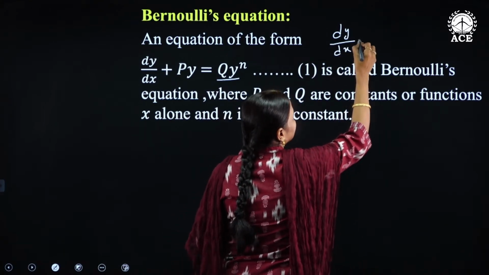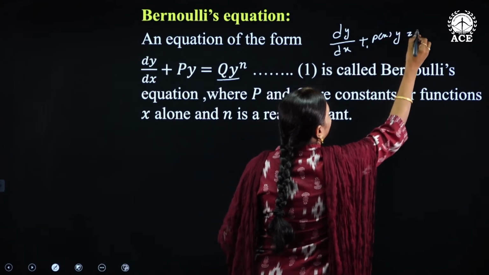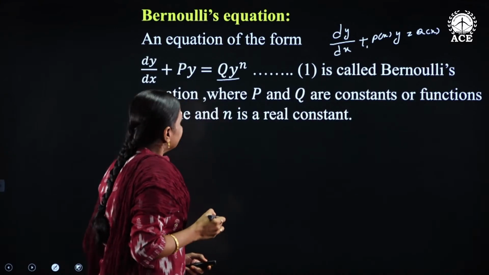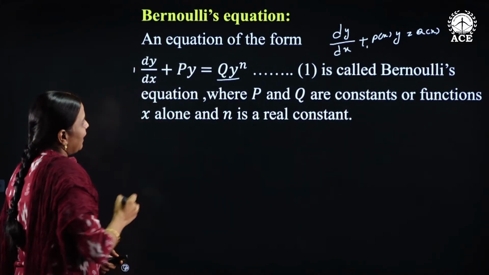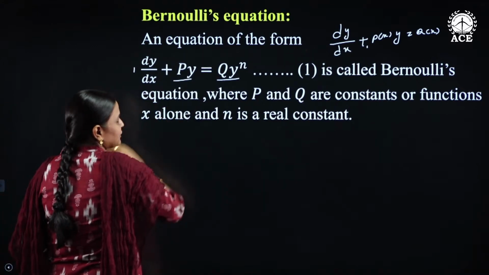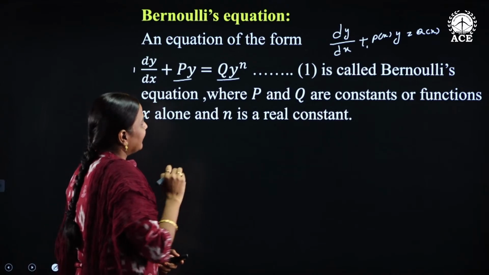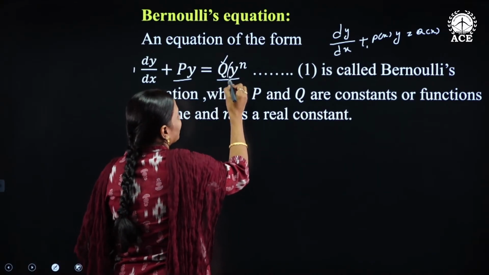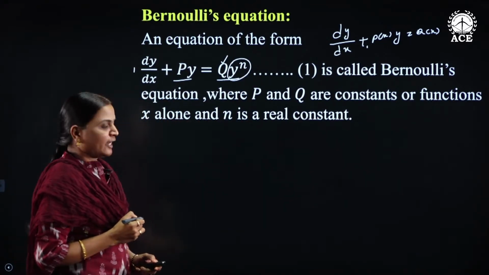Dy by dx plus p of x into y is equal to q of x. Again, if you observe clearly, the dy by dx coefficient is 1, there is no problem, and py is also no problem since y appears with power 1. But what is the RHS? Where q is a function of x only, but what is its coefficient? Power of y, that is y power n.